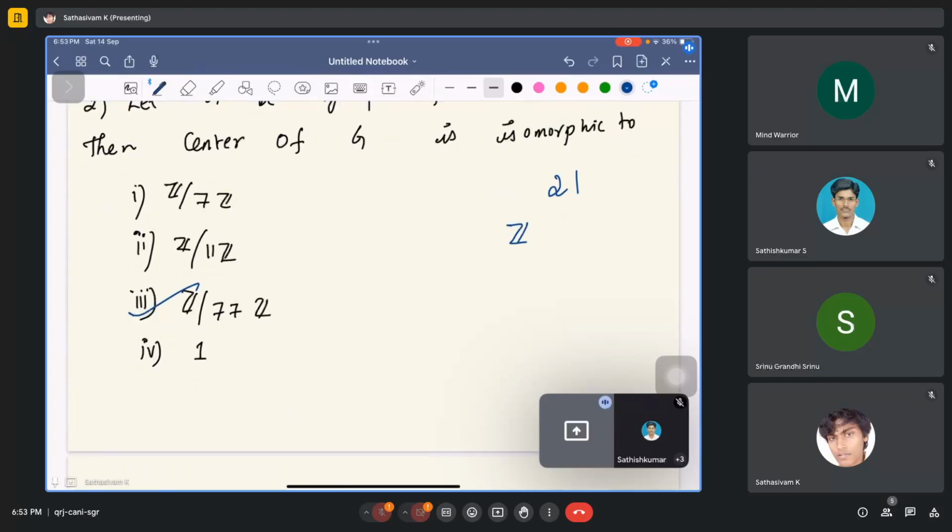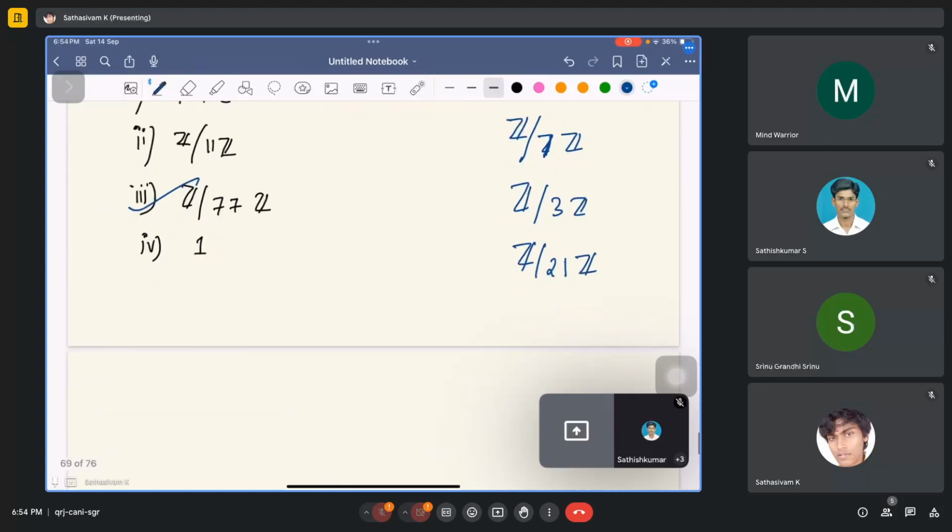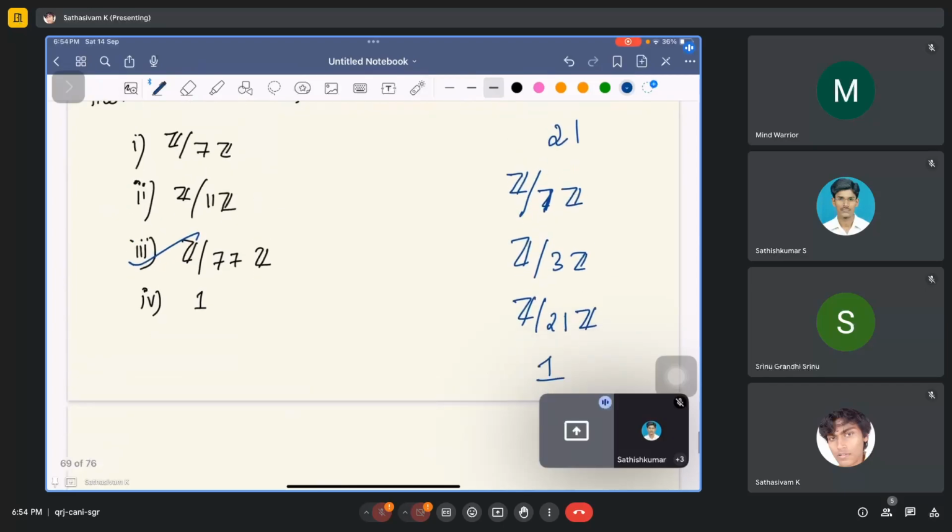Here I change the question: what are the possible centers? 7Z, Z mod 3Z, Z mod 21Z, or 1.